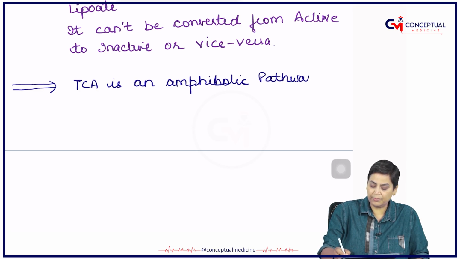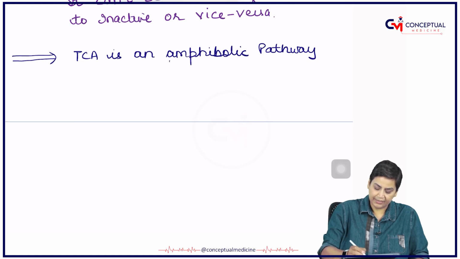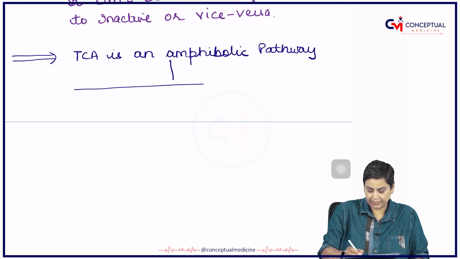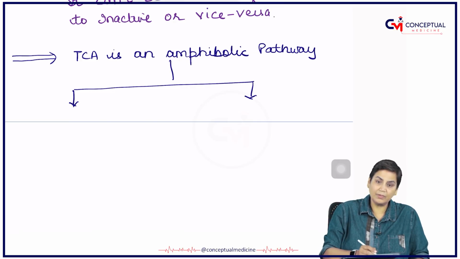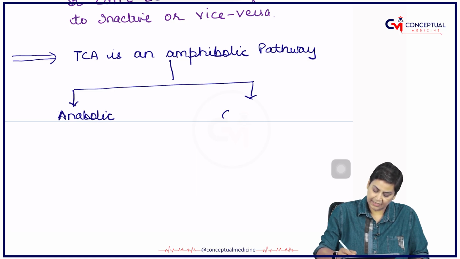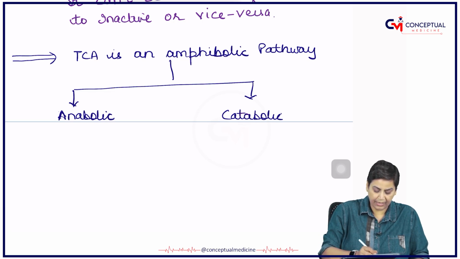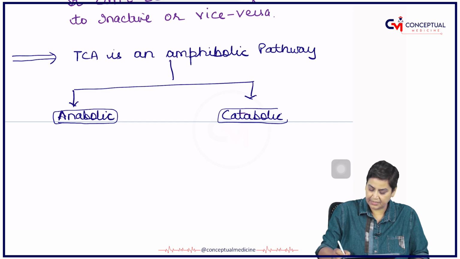Now what do we mean by this amphibolic? That simply you can say that it has two roles to perform. One is anabolic, the other is catabolic. Okay, now what is the difference between this?